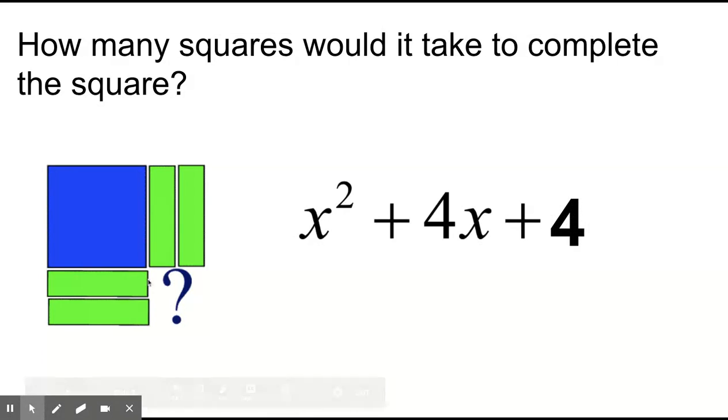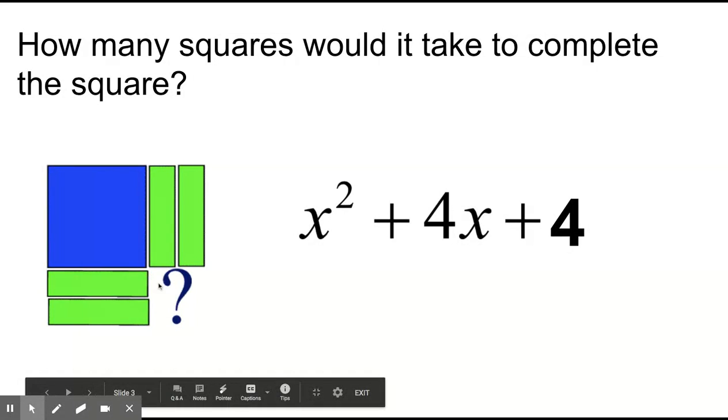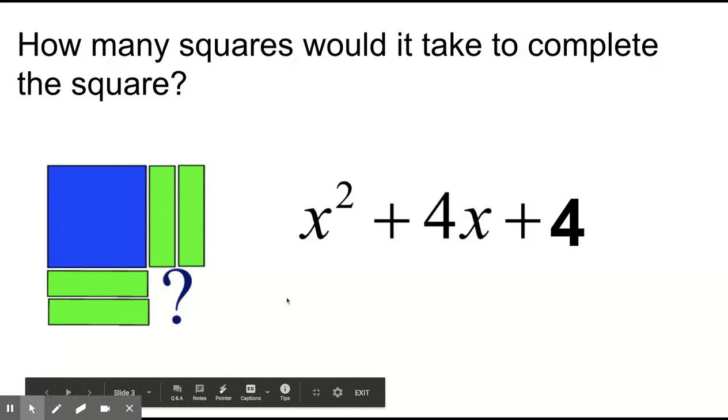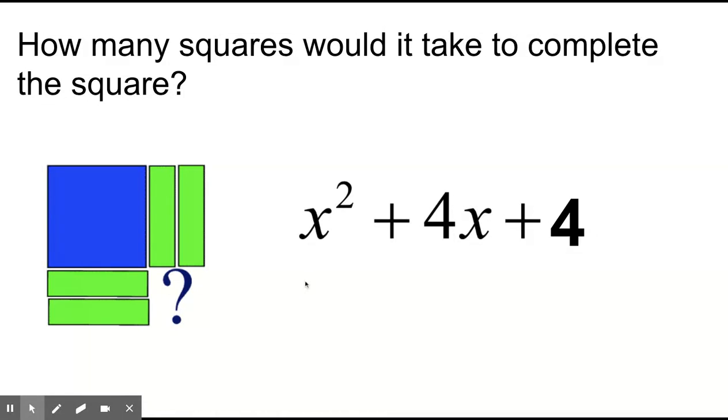Because if we look at this image, we have a 2 by 2, so it would take 4 individual units to complete this image. That's the same thing as saying if I had the equation x squared, remember this square here represents the variable x squared, and each one of these bars represents x.